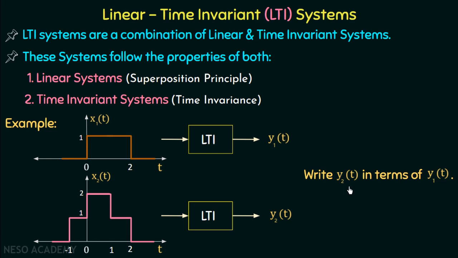Now we need to write y2(t) in terms of y1(t), where y2(t) is the response of the LTI system when x2(t) is given as an input, and y1(t) is the response of the same LTI system when x1(t) is given as an input. So they are asking the relationship between y2(t) and y1(t). In that case, there must be a relationship between x2(t) and x1(t). So now I want you all to pause this video and try to figure out the relationship between x2(t) and x1(t). And then after that, we will move on to the solution.